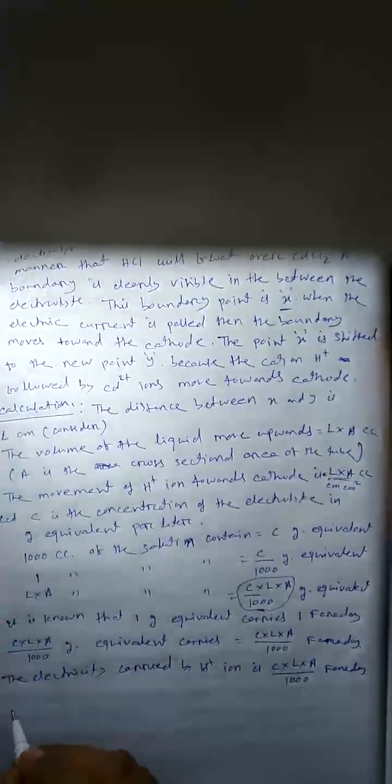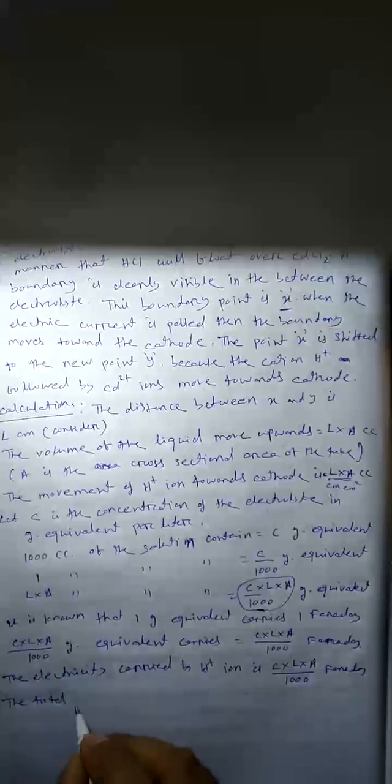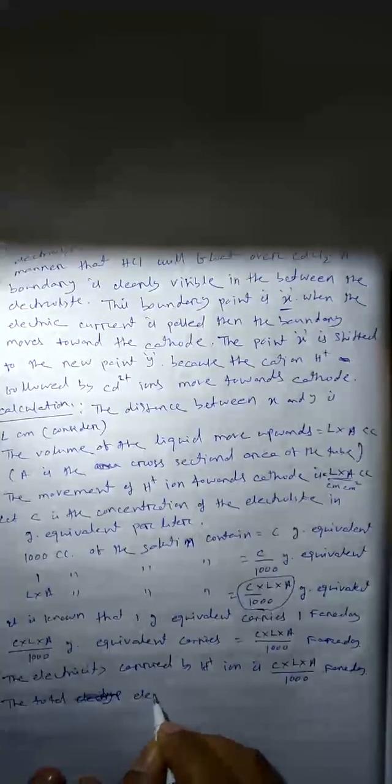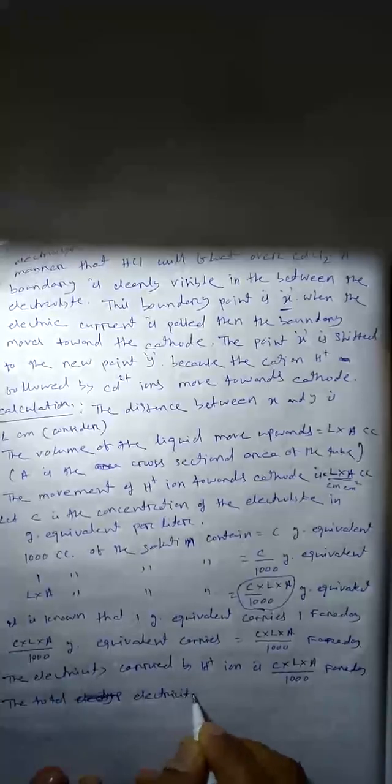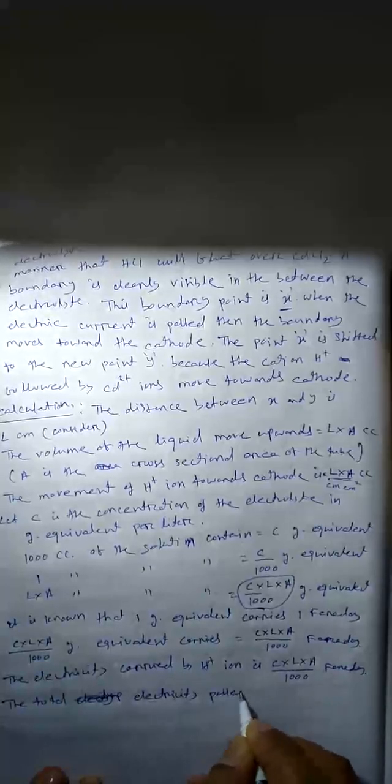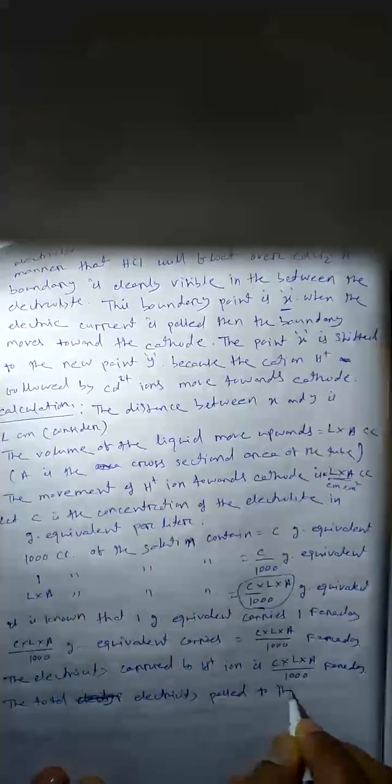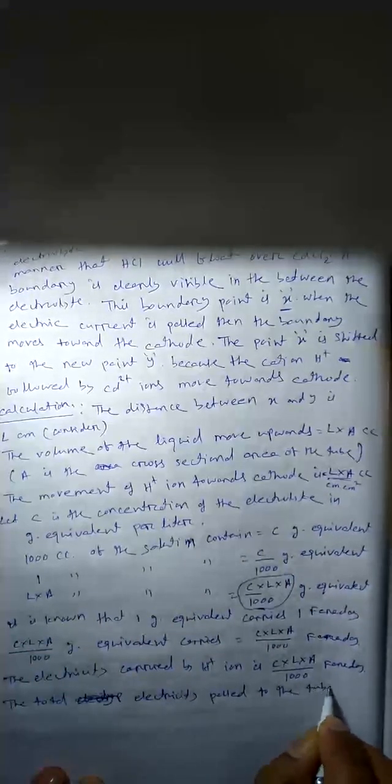So the total electricity passed through the electrolyte solution in the tube is obtained from the coulometer.